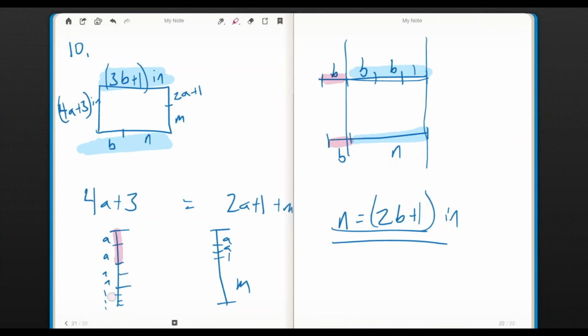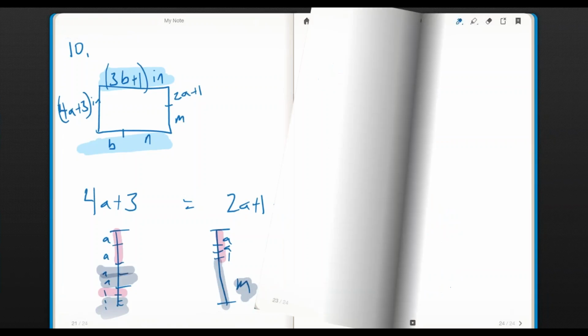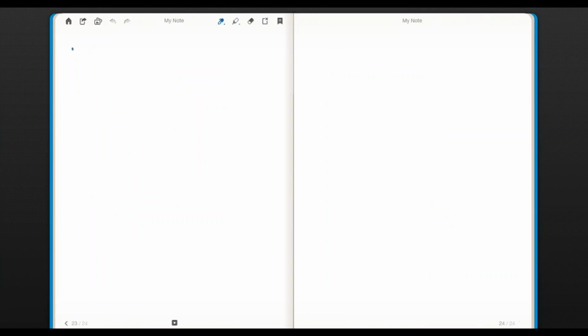So 2 a's and a 1, 2 a's and a 1, whatever we have left is equal to m. Well, there's another a and another a and 2 more 1s. So from that, I can tell you that m is equal to 2a plus 2 inches. It's much more about looking at the picture and understanding the picture than it is working on algorithms at this point, not the step-by-steps.